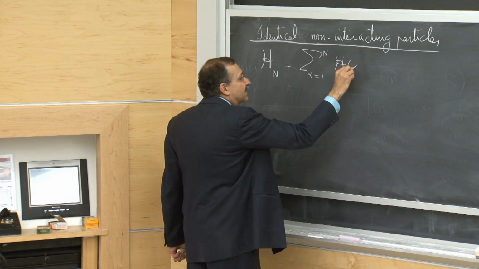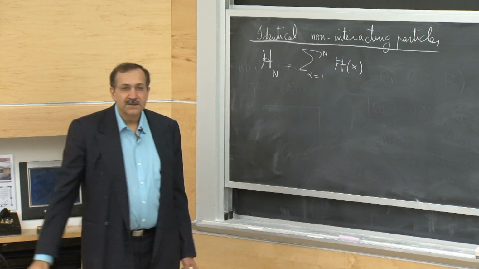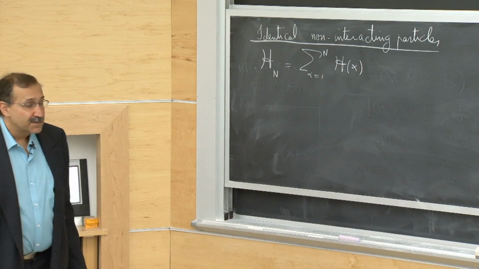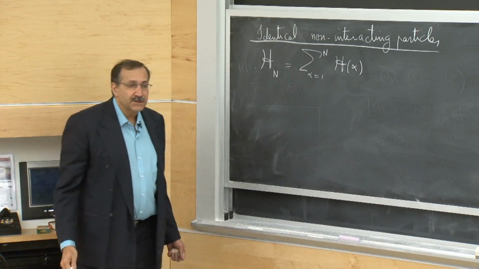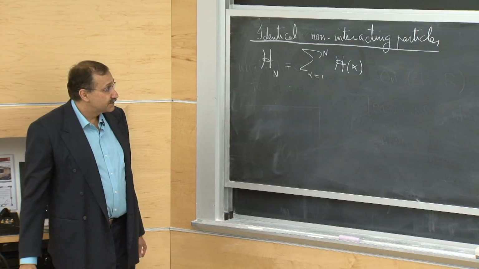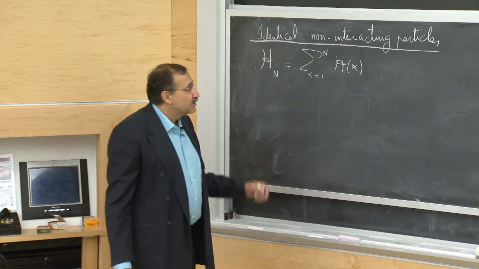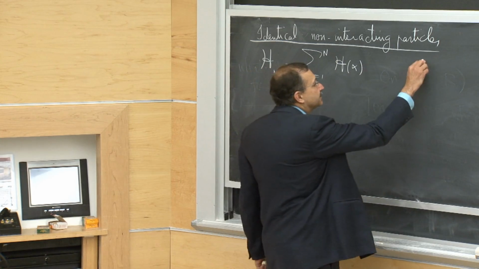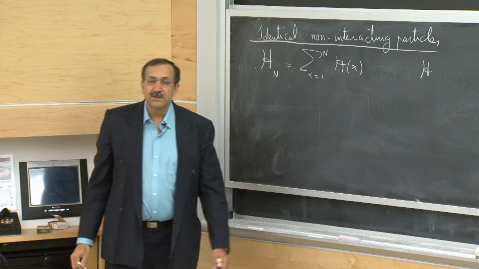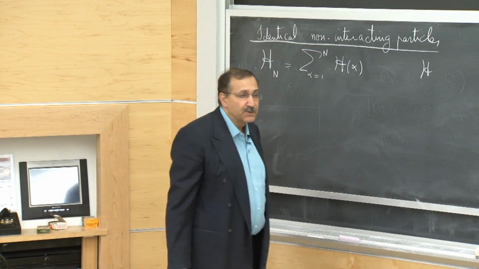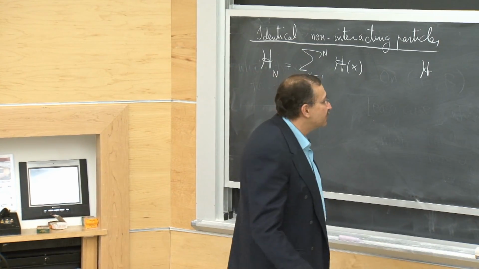So essentially, a sum of terms that are all the same, and one-particle terms are sufficient because we don't have interactions. So if we look at one of these H's, so one of these one-particle Hamiltonians, we said that we could find some kind of a basis for it.